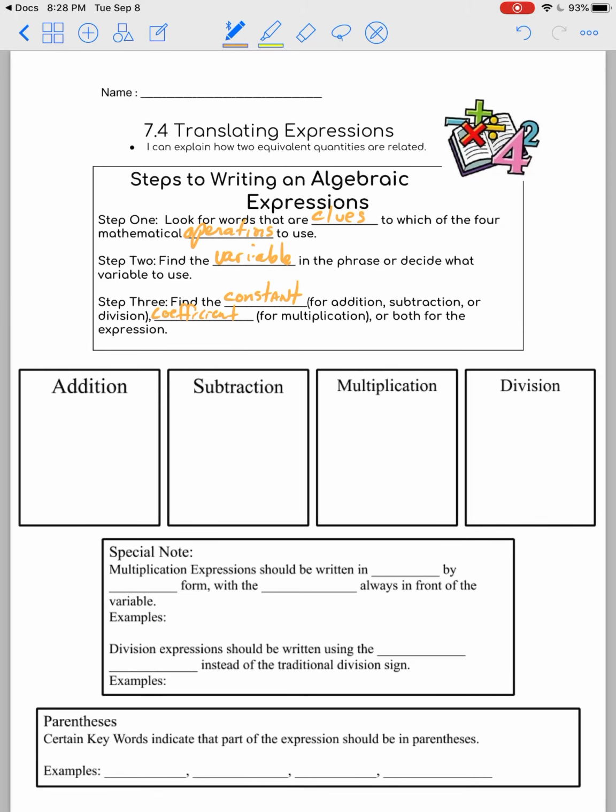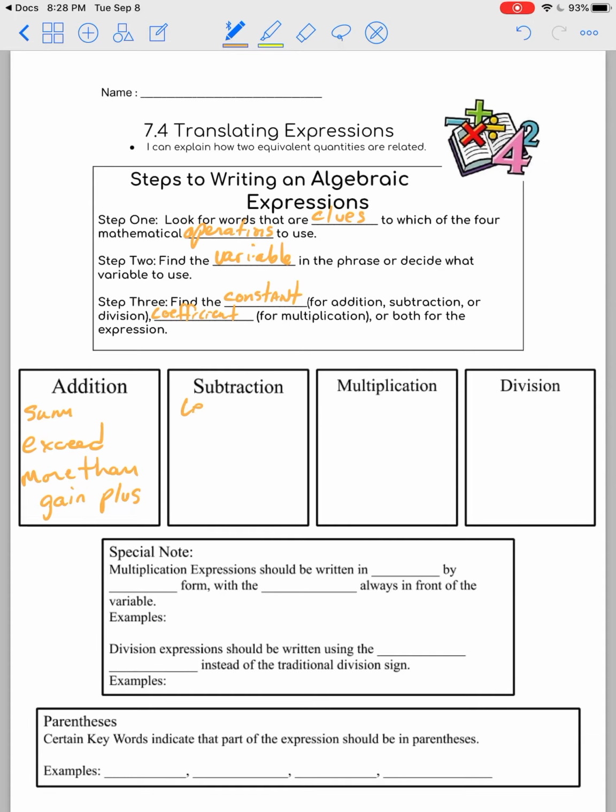Now, let's look at some words. We have four mathematical operations, and there's different words that stand for this. Addition could be sum, exceed, more than, gain, plus, and there's many, many more.